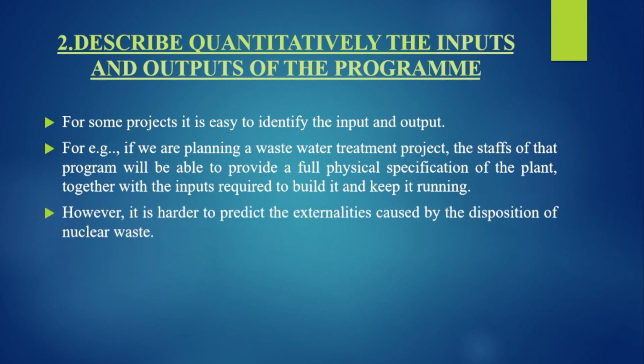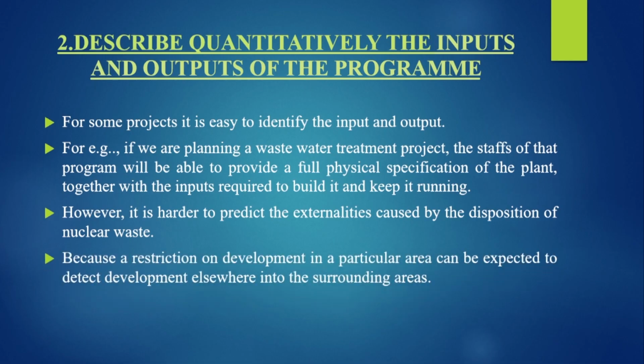However, it is harder to predict the externalities caused by the disposal of nuclear waste, because a restriction on development in a particular area can be expected to redirect development elsewhere into the surrounding areas.